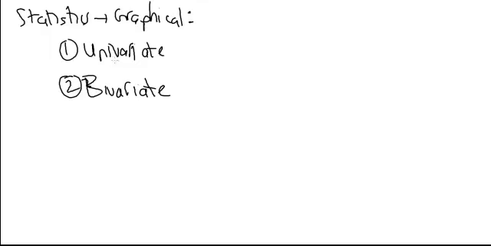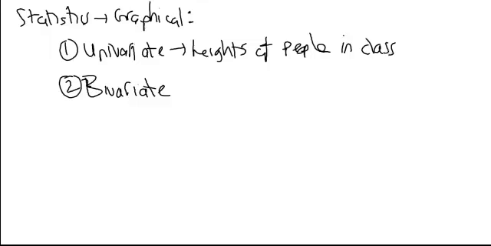So if my sample is the heights of people in the class, since that's just going to be maybe in centimeters, whatever, 170, 175, 180, just a list of numbers.